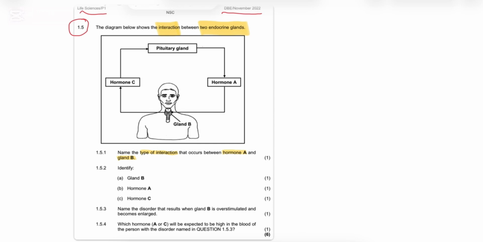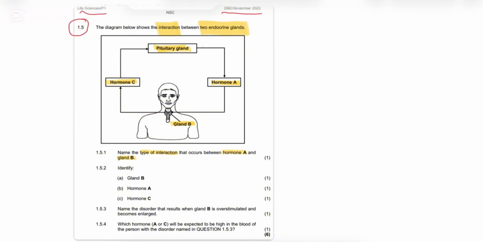We see that the pituitary gland, which is this one, is releasing a hormone, which is hormone A. And this hormone A acts on gland B. This gland B then produces hormone C. So now the question is asking for the interaction that is occurring between hormone A and gland B.